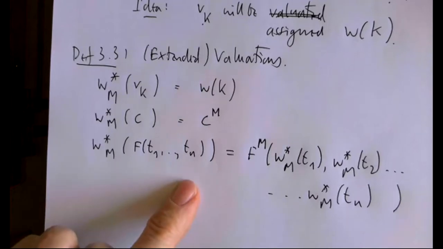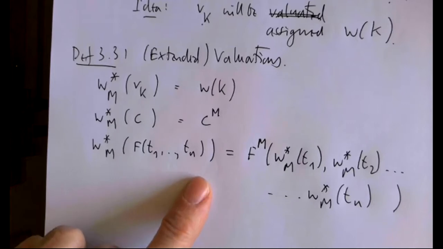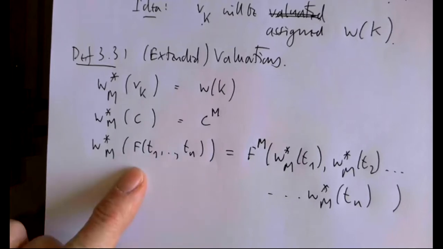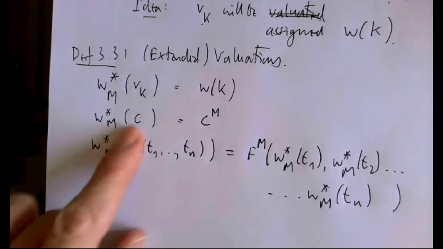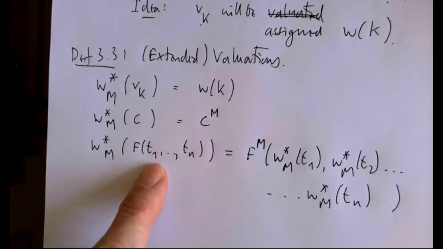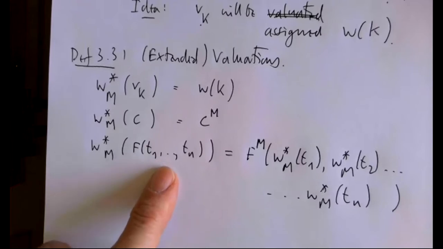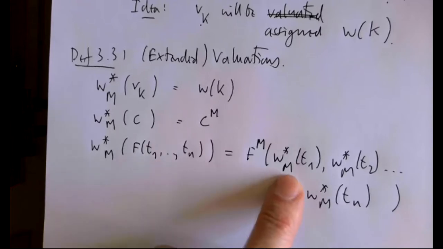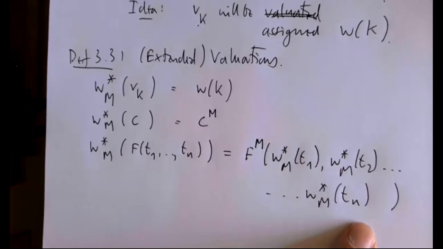So again, if we were to look at this more carefully, it's an induction on the complexity of the term here. This has got a certain level of complexity, but it's higher than the complexity of the t's. So by induction, I assume, as inductive hypothesis, I've already defined what these things are.